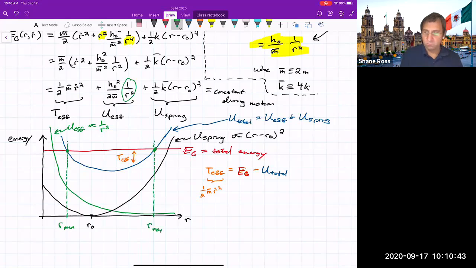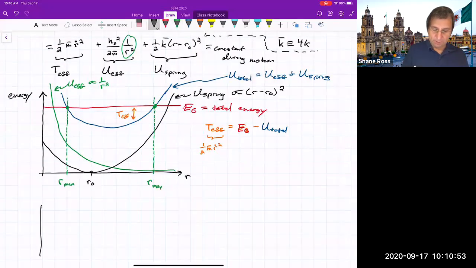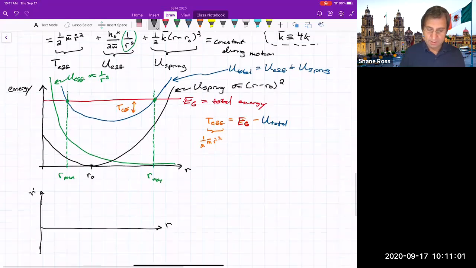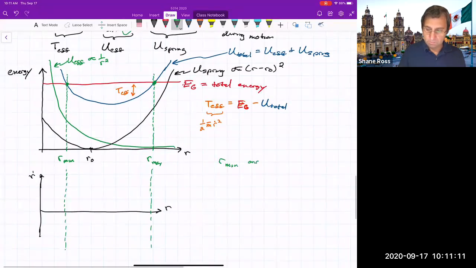So that's the energy perspective. And we could just, right below this, got r and r dot. If I just extend the location of the min and the max, these are the turning points, the term we used last time, turning points of the radial motion.